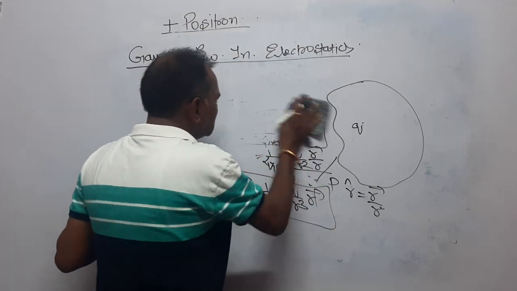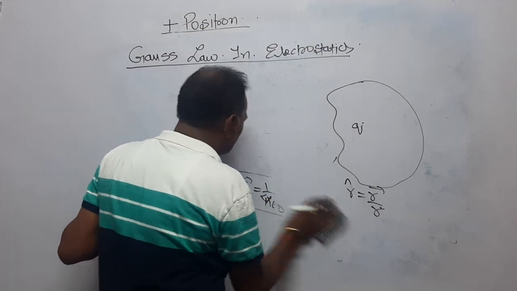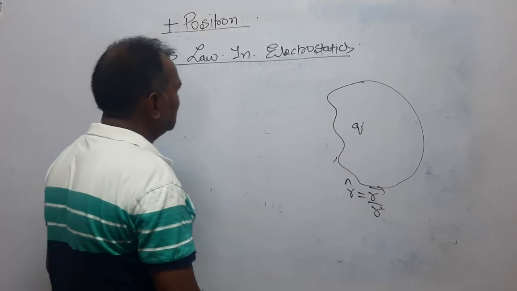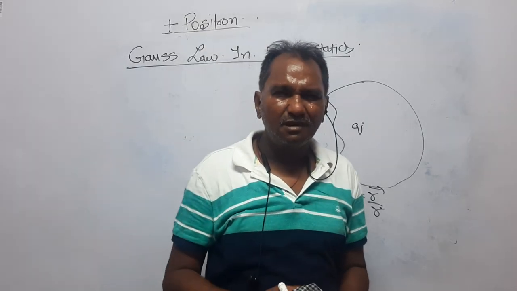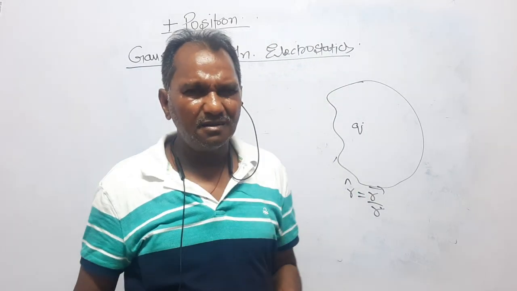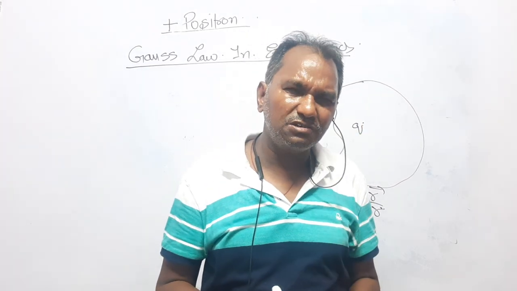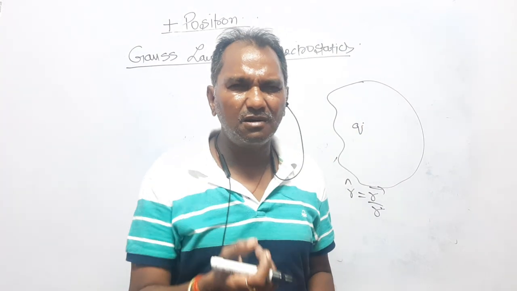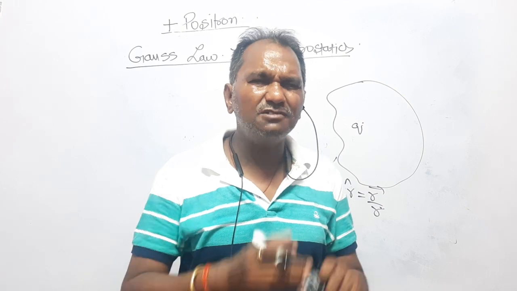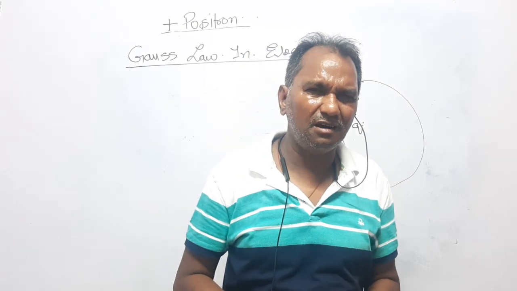Now what we have considered here, we are going to study the Gauss law in electrostatics. Like Coulomb's law and the law of gravitation, these are said to be the most natural laws in physics. Natural law, I mean to say, there is no mathematical derivation of these laws.